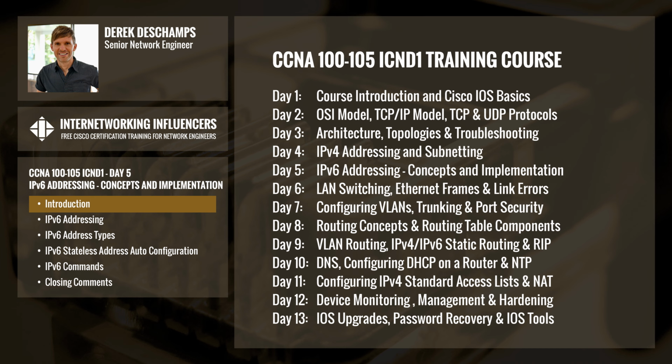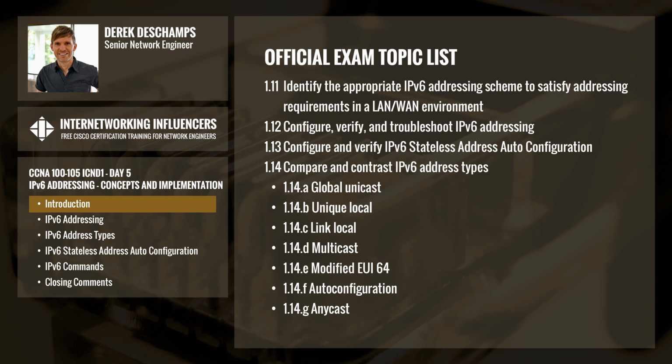The Internetworking Influencers CCNA 100-105 ICND1 training course is comprised of 13 videos, each focusing directly on a set of specific items on Cisco's official exam topic list. Today's episode will cover item 1.11, identify the appropriate IPv6 addressing scheme to satisfy addressing requirements in a LAN-WAN environment. Item 1.12, configure, verify, and troubleshoot IPv6 addressing.